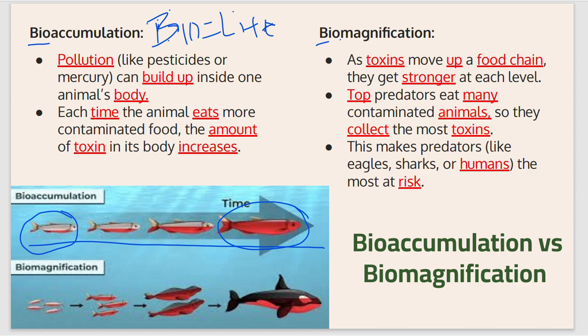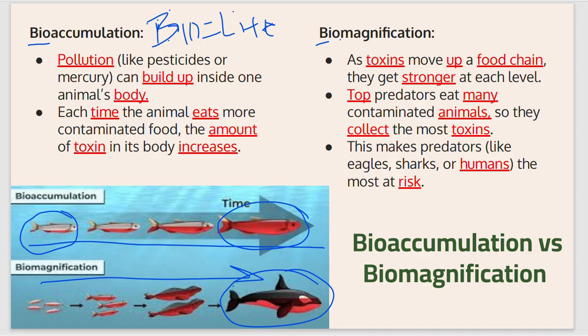Biomagnification happens with food webs. So as toxins move up a food chain or a food web, they get stronger at each level. This is because as we move up the food chain, the top predator needs to eat a lot of living organisms.